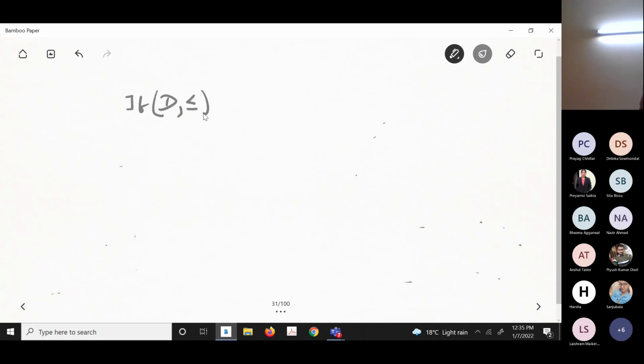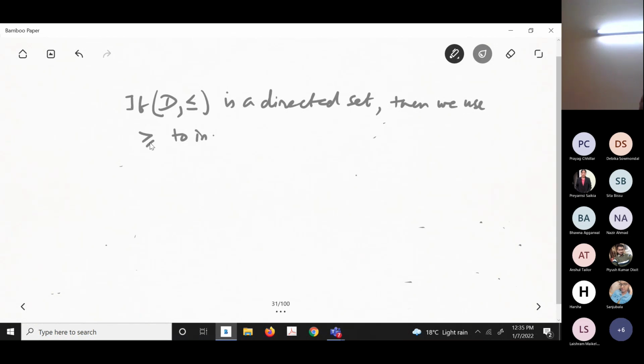Because only D is not a directed set, you need a relation. If D is a directed set, then often we use this thing to indicate.